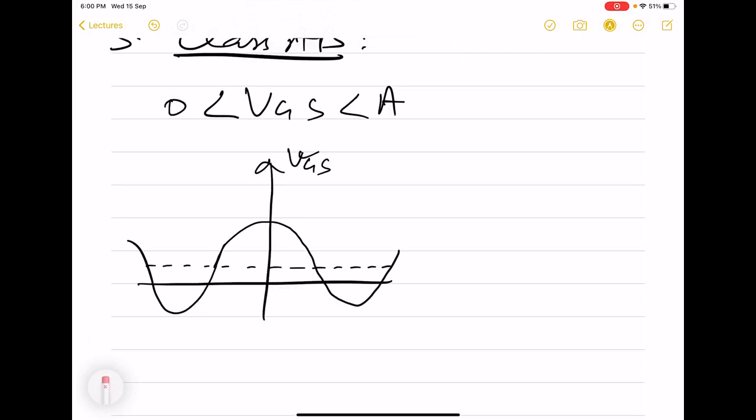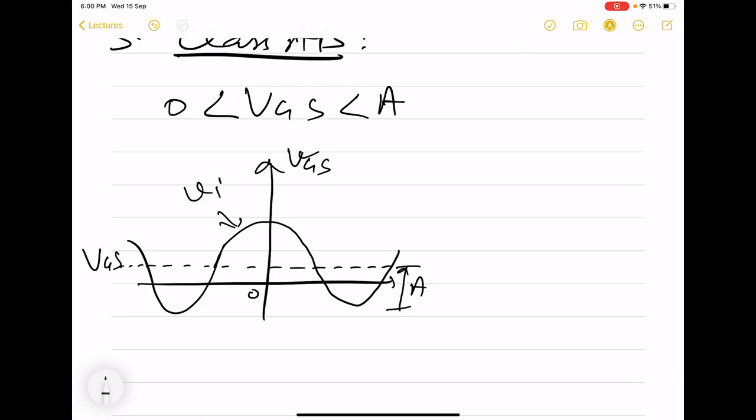Here. So we can see that my amplitude is this much. This is the amplitude. And this is VGS, this is 0 line. And this waveform is the time varying input waveform.